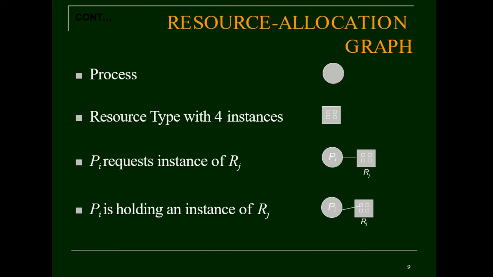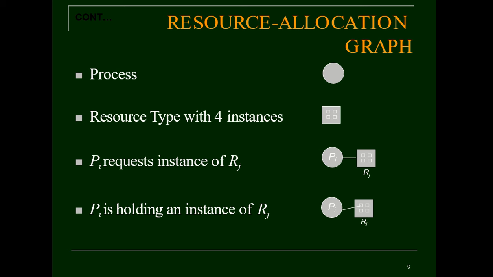Now, these are some of the pictures. First of all, this is a process. A process is represented by a circle. Second is a resource type with 4 instances. This is a resource and it has 4 instances, which can be represented by a square.